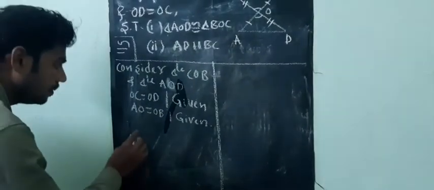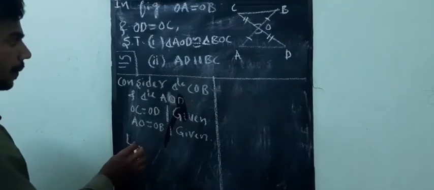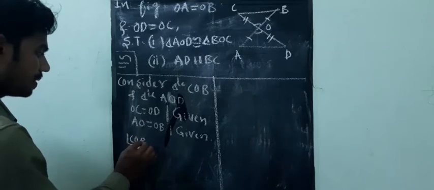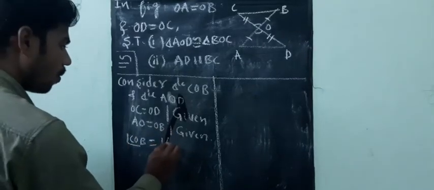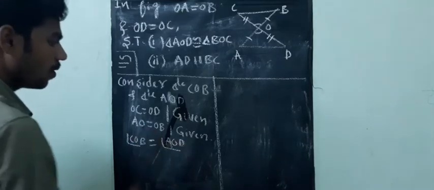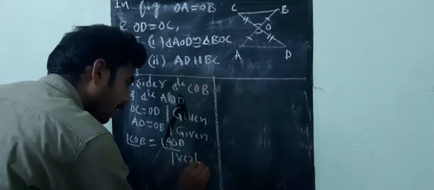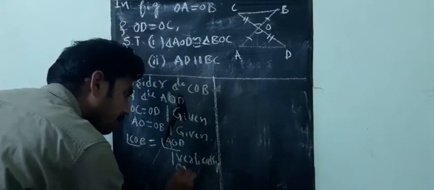So angle COB is equal to angle AOD. What reason do I need to give? Because vertically opposite angles.